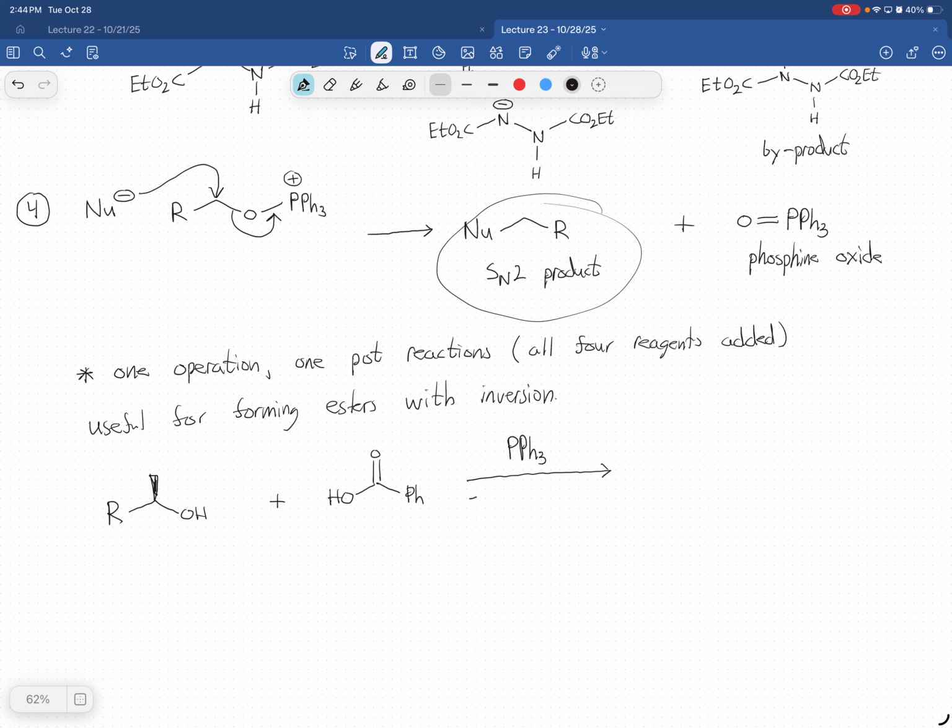And then I'll just write this out one last time. We get inversion of stereochemistry because it's an SN2 reaction.